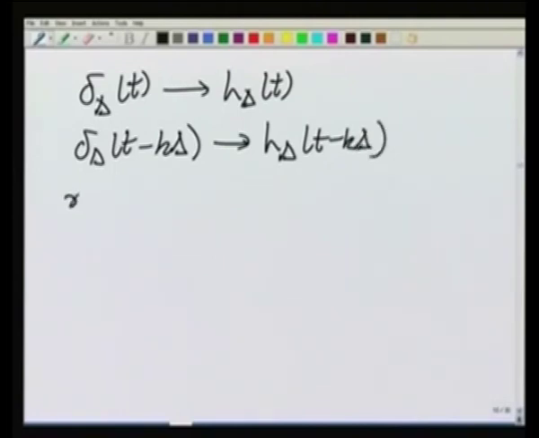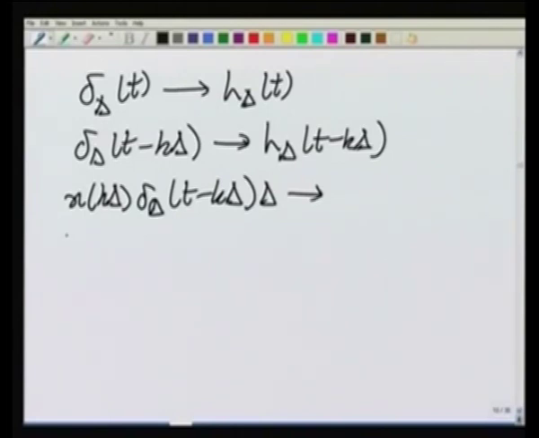And finally, if you applied x(kΔ) δ_Δ(t − kΔ) times Δ as the input, and this as we know is just nothing but x_kΔ(t), then we would get appropriately x(kΔ), the scale factor, h_Δ(t − kΔ) times Δ as the output.